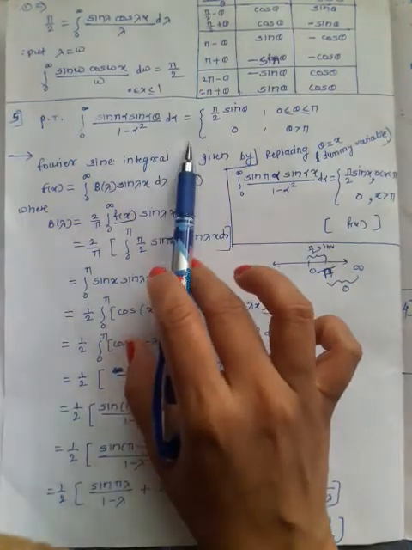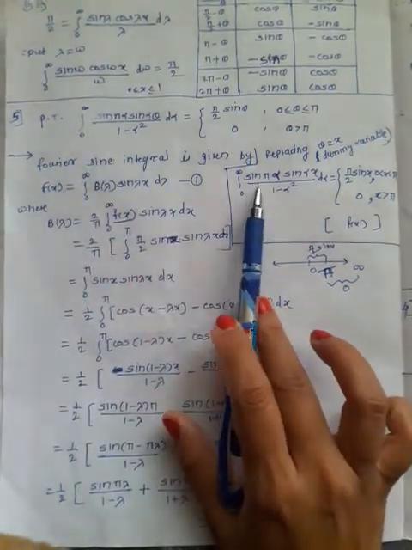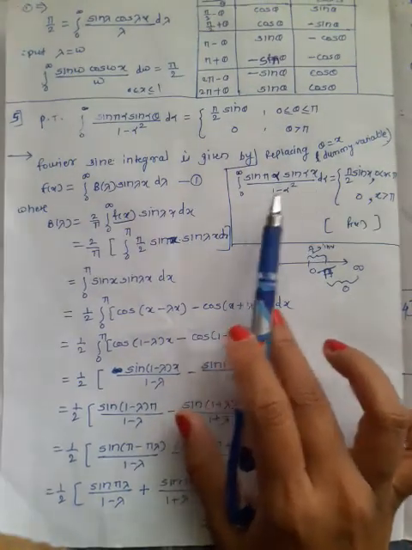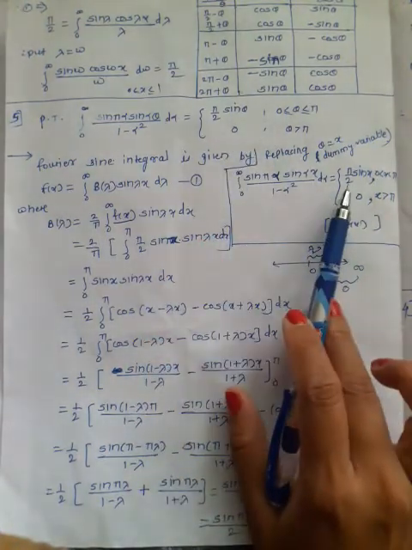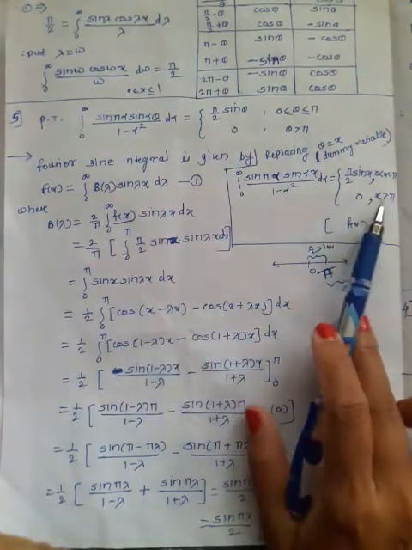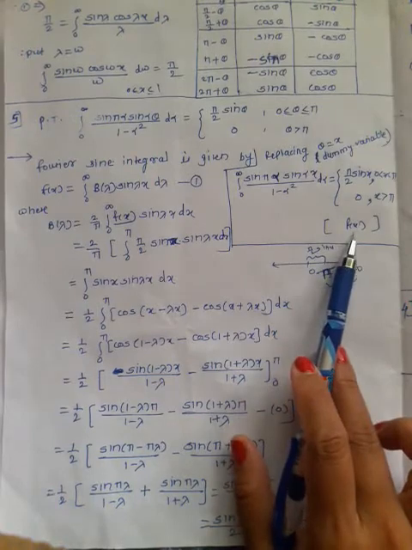Our original example becomes integration 0 to infinity sin(pi alpha) sin(alpha x) upon 1 minus alpha square d alpha is equal to pi by 2 sin x when x lies between 0 to pi, and it is 0 when x is greater than pi. This is our function.